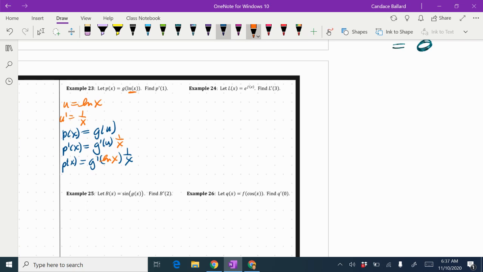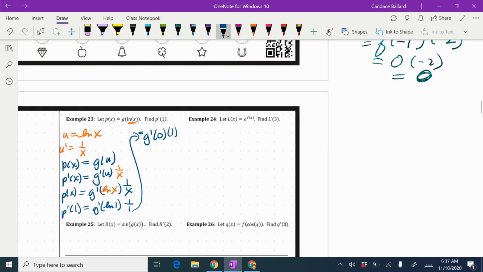And then we're going to go ahead and plug in my 1. So p prime of 1 equals g prime of the natural log of 1 times 1 over 1. Well, we know that the natural log of 1 is 0, and 1 over 1 is just going to be a 1. So I've got to go to g prime of 0.